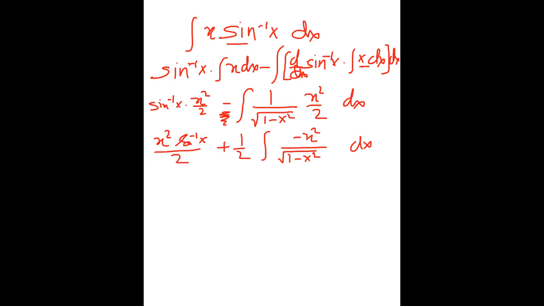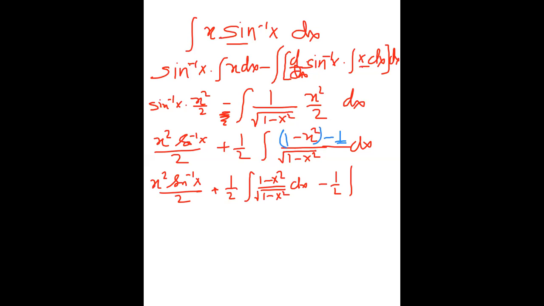Now try to understand. I am adding 1 and subtracting 1. Now these two terms I want to take together and this will be separate. So it will become x square sine inverse x by 2 plus 1 by 2 integral 1 minus x square upon under root 1 minus x square dx, minus 1 by 2 integral 1 upon under root 1 minus x square dx.